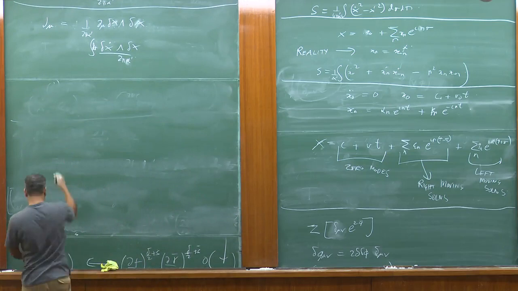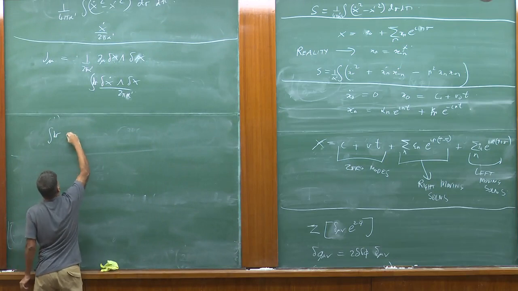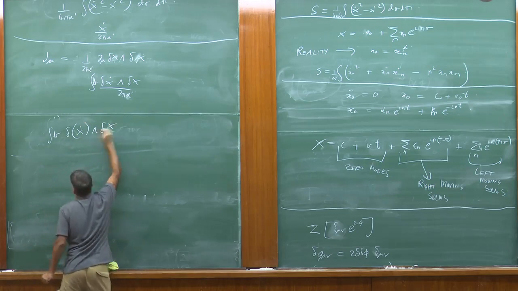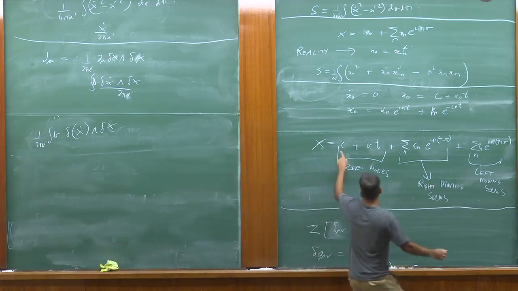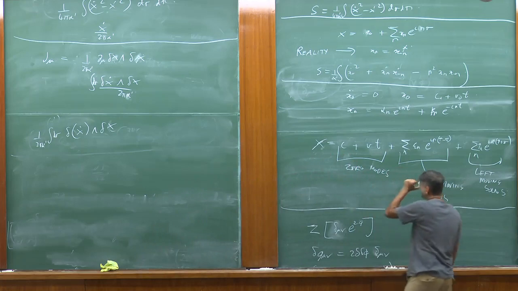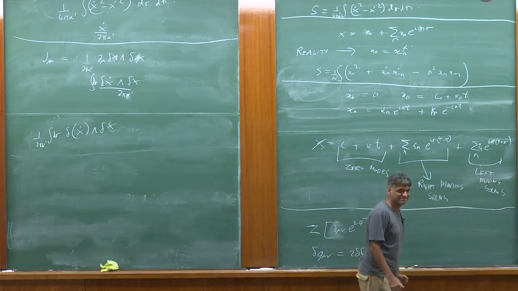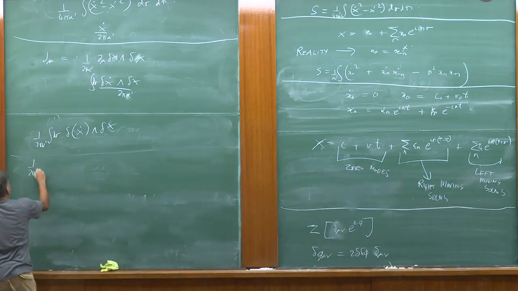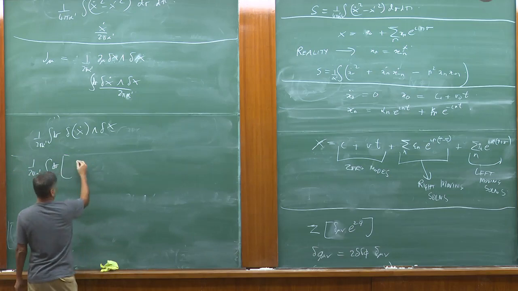So what we're supposed to do is to take the integral d sigma, put delta of x dot wedge delta of x, times 1 by 2 pi alpha prime. For x dot we just take the time derivative of this expression here. So this is 1 by 2 pi alpha prime integral d sigma, and then we get delta v.